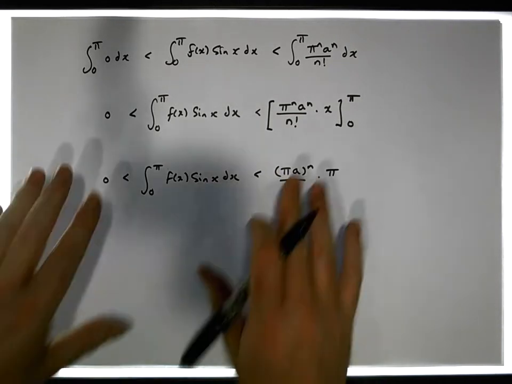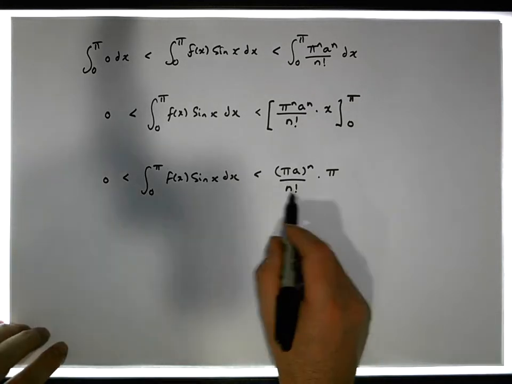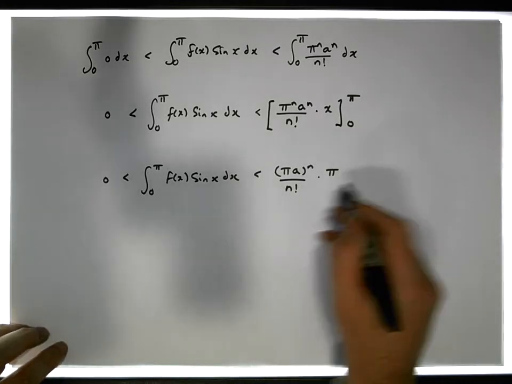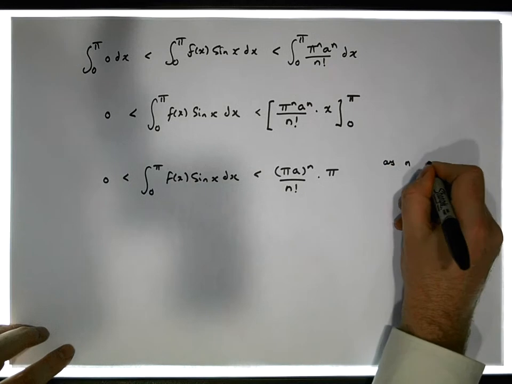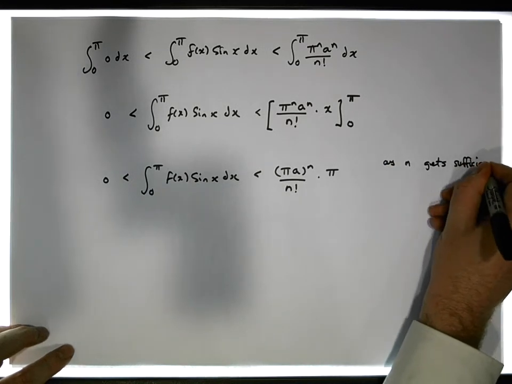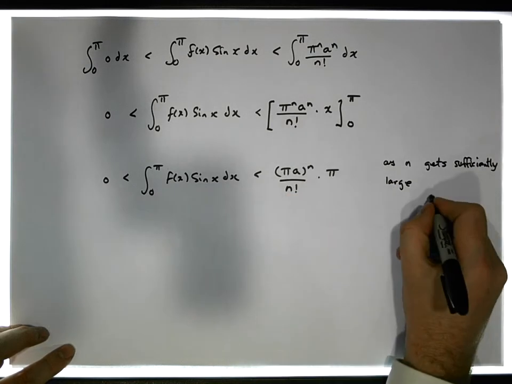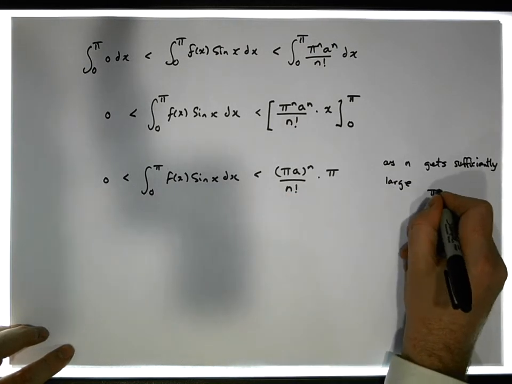Now another important observation is that as n gets sufficiently large, this particular term here, pi a to the n over n factorial, actually tends to 0.